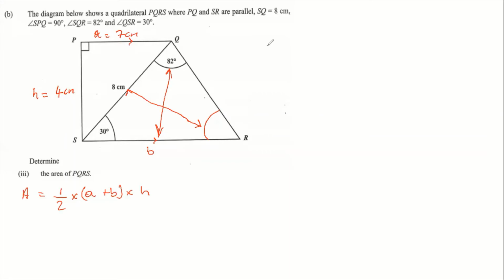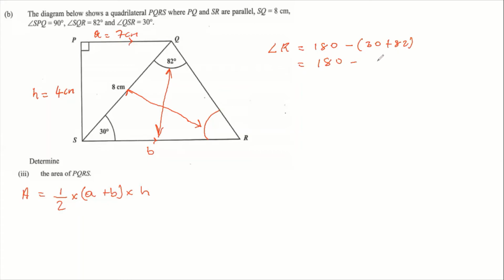So we could write a quick statement to say angle R is going to equal 180 degrees minus (30 degrees plus 82 degrees). All right, so that's going to be 180 minus, what's 30 plus 82?